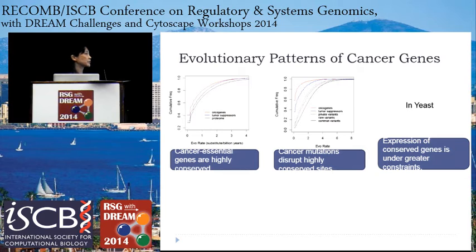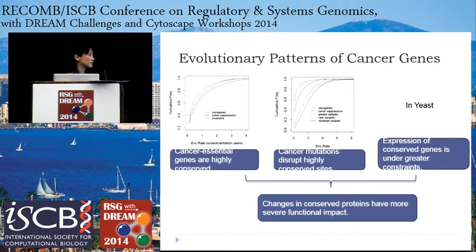On the expression level, I do not have the result for cancer data, but people have done analysis and experiments in yeast. They reported the expression of conserved genes is also under greater constraints as compared to variable genes.